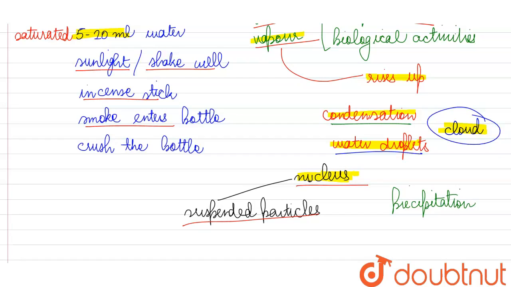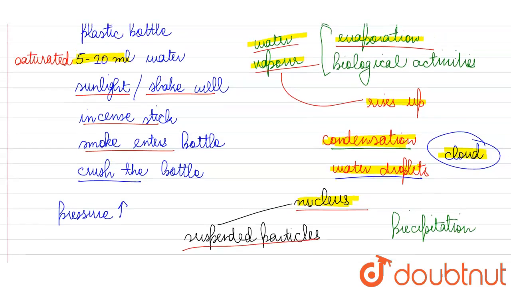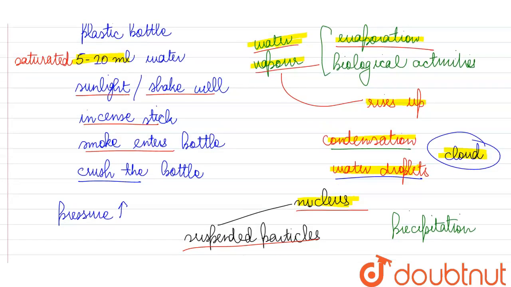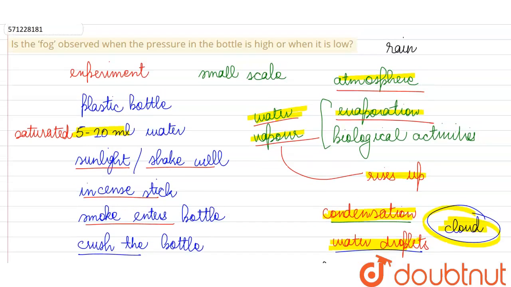So the smoke particles act as a nucleus, and when we crush the bottle, we increase the pressure inside the bottle. And on increasing pressure, this condensation of the water droplets takes place. The water vapor inside the bottle gets condensed to form water droplets, and cloud-like masses of water droplets can be seen inside the bottle. But when we stop crushing it, when we release the pressure, we will see that the inside of the bottle becomes foggy because now the water is not in the form of droplets but water vapor.